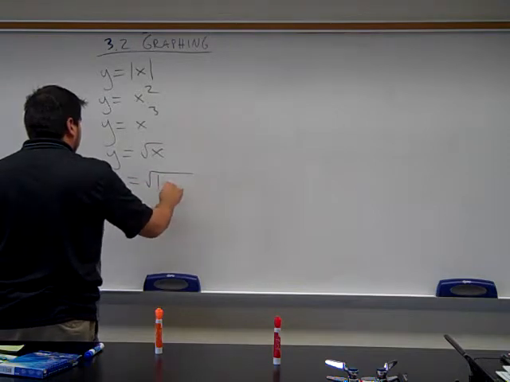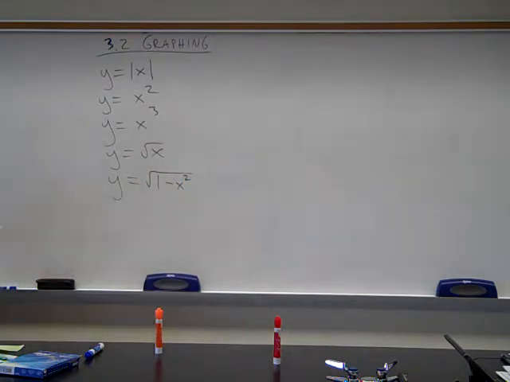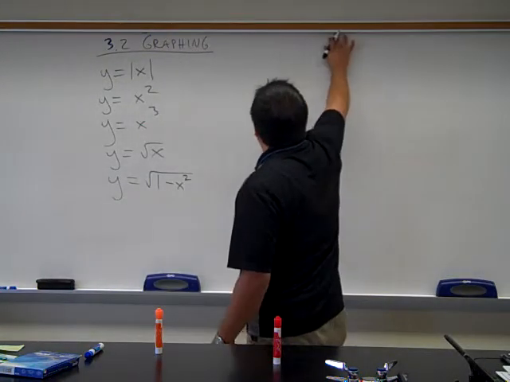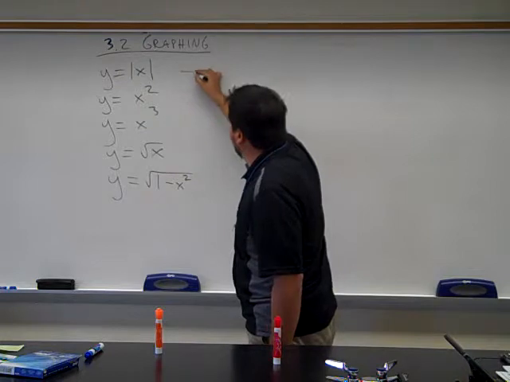I know there was this one, square root of 1 minus x squared. Okay, we got parabola, cube, square root, absolute value. I'm missing one, but it'll probably come to me. All right, so let's talk about the shapes.